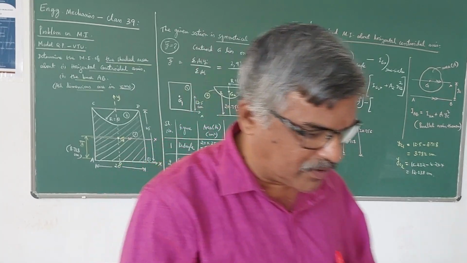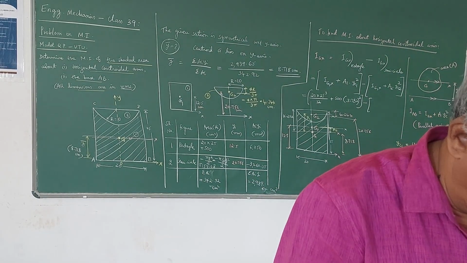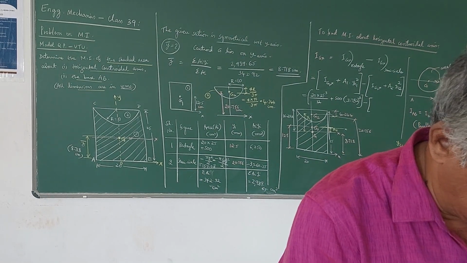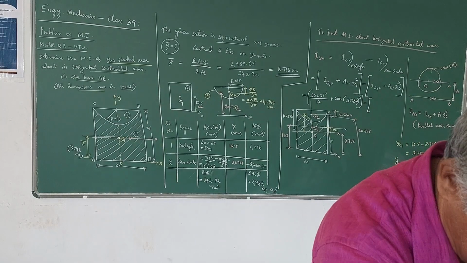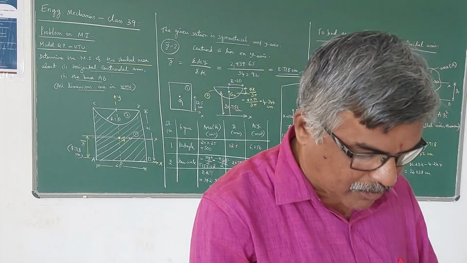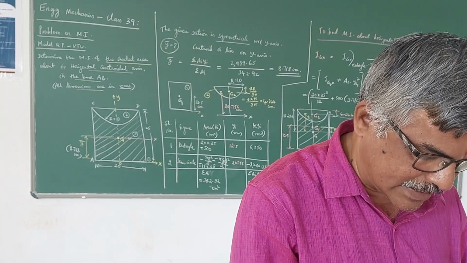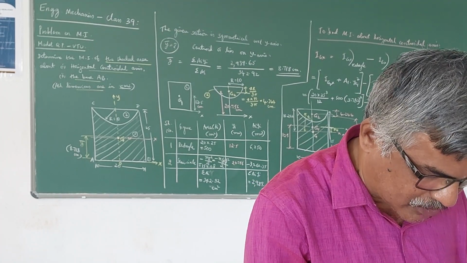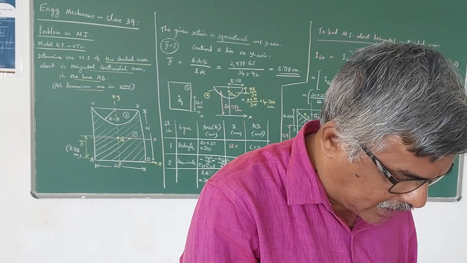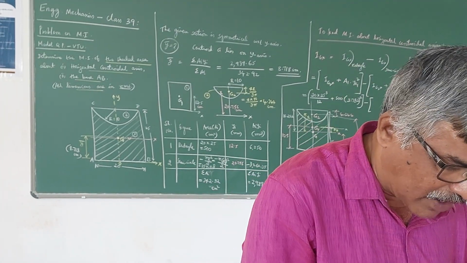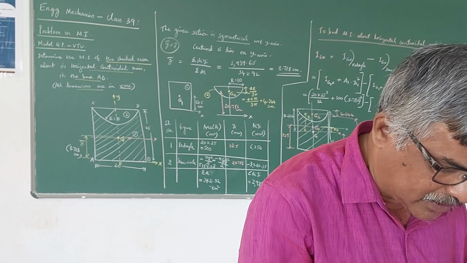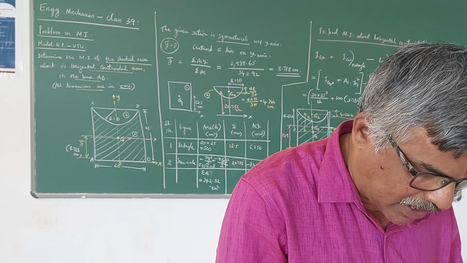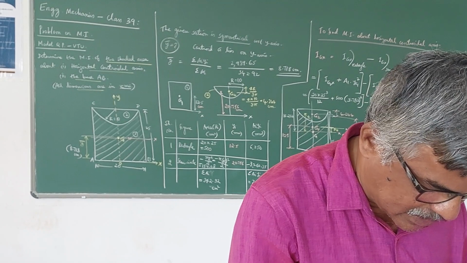For the semicircular part, this is where you should be very careful. You should know the expression for the moment of inertia of the semicircle about the centroidal axis. We have derived it, but you had better remember the value, otherwise you have to derive it.